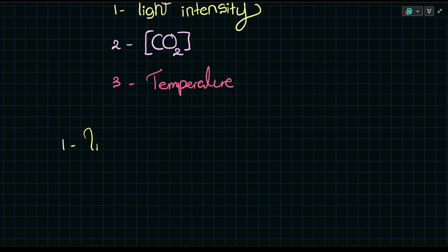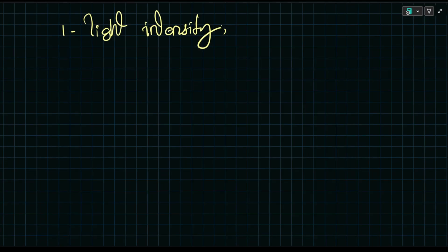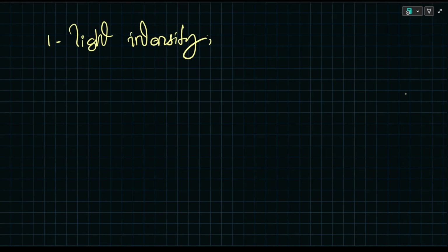Number one, the first limiting factor being light intensity. Very shortly speaking, I will use two arrows. If light intensity goes up, rate of photosynthesis goes up. Very simple. We'll talk about why, and I will give you a graphical analysis as well.